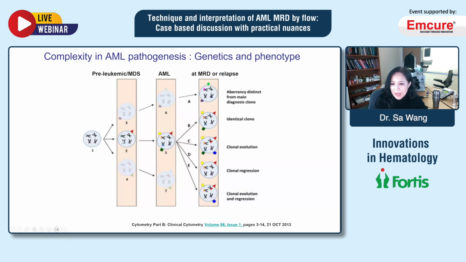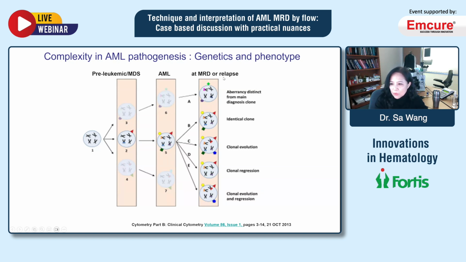AML in the elderly is an accumulation of molecular genetic events. First of all, they have one or two mutations, which we call a pre-leukemic or MDS clone. After that, they keep accumulating, and they also have some drivers that make the cells proliferate, immature cells, so you become AML. So this is the immunophenotype at the time of AML detection.